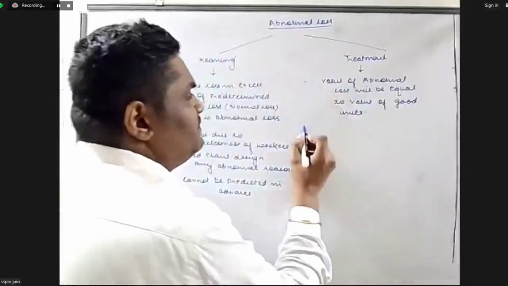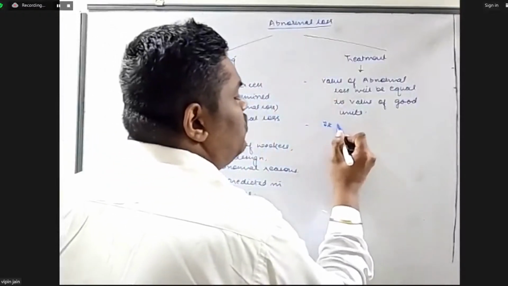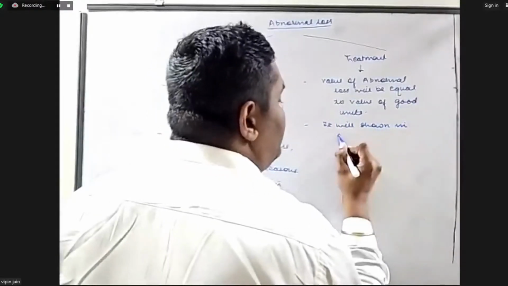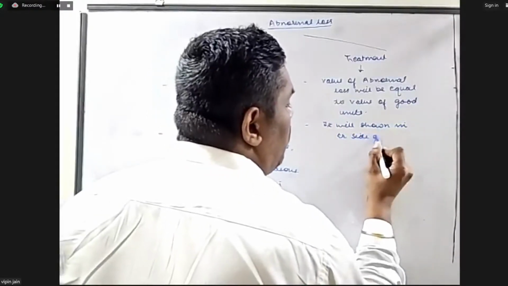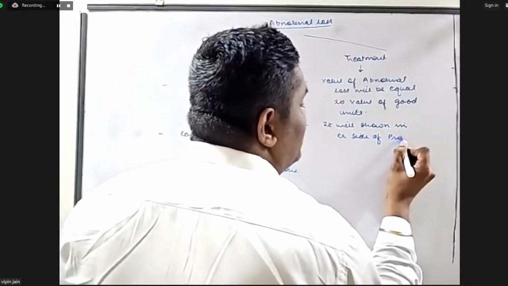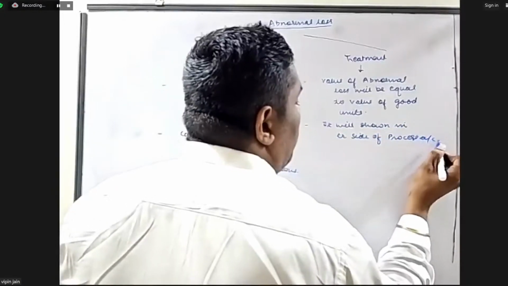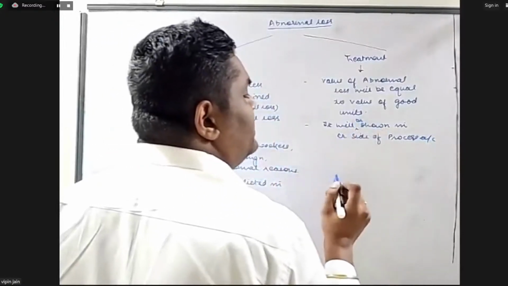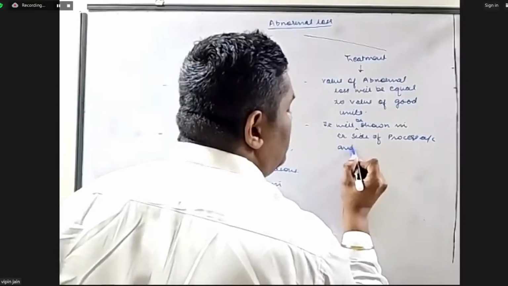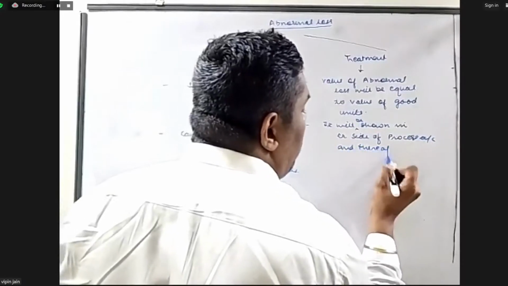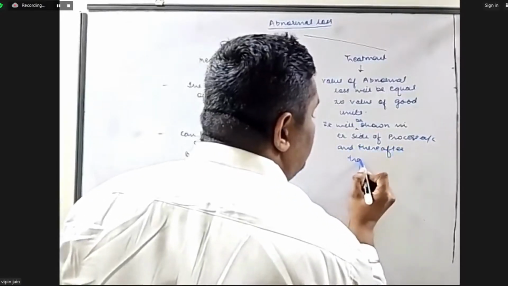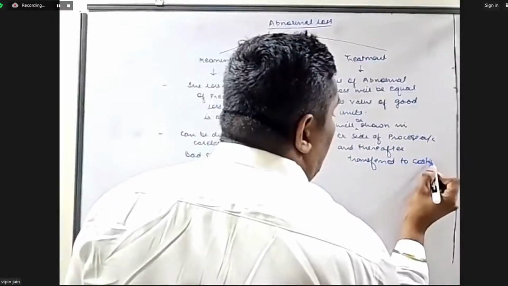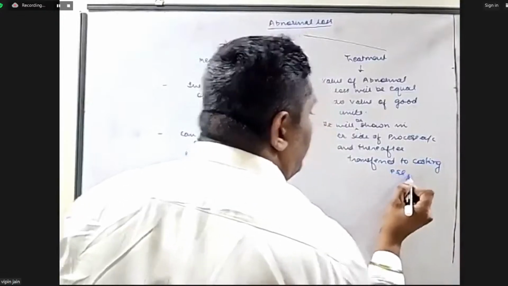And what we will do is, it will be shown in the credit side of the process account, and thereafter transferred to costing P&L.